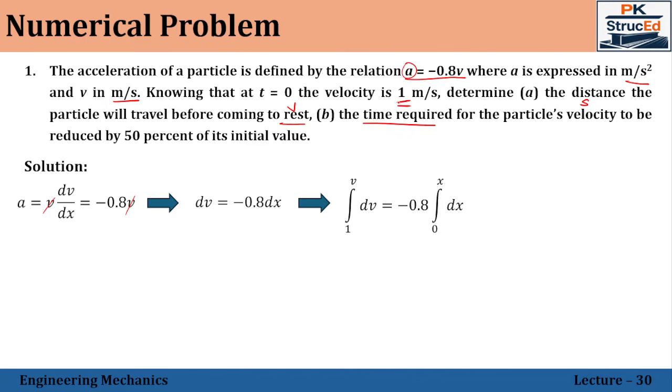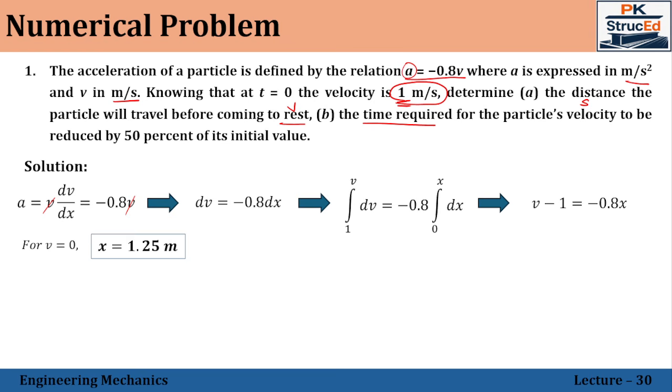Here the initial velocity is 1 meter per second, so the limits are 1 to v, and the distance is 0 to x. Integrating, we get the left side as v minus 1, because the lower limit is 1, and the right side as minus 0.8 x. So v minus 1 will be equal to minus 0.8 x.